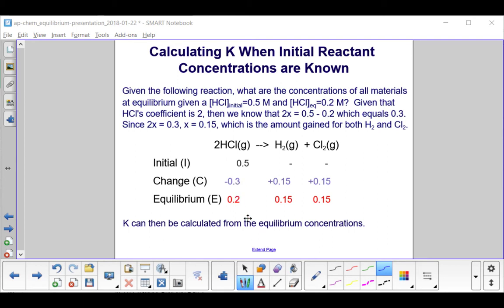Given that HCl's coefficient is 2, we know that 2x is equal to that change, or 2x equals 0.3. Since 2x equals 0.3, x equals 0.15, which is the amount gained for both H2 and Cl2. So we see in red the amounts of both reactant and products at equilibrium. K can then be calculated from those equilibrium concentrations.